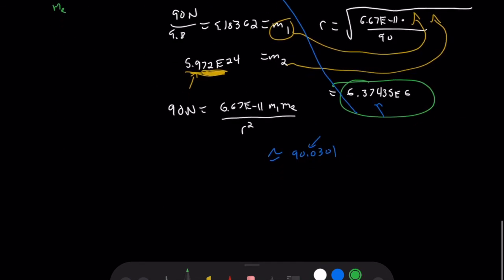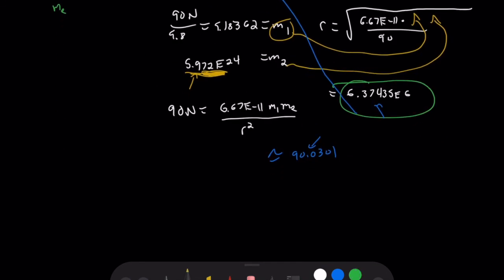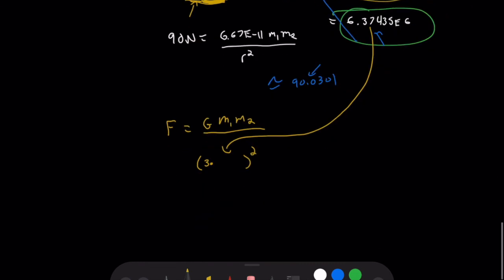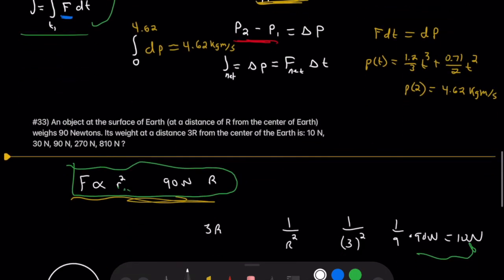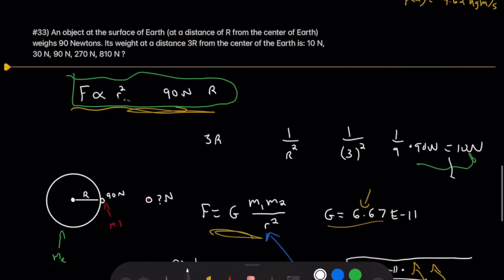So what I did was we had this, we wanted to know our new F. We plugged in our known G, our known M1, our known M2, and we took this value here and plugged it in times 3 and squared it. After evaluating that, what we end up with is 10.0033 newtons. So very close to 10 newtons, which is what we expected here.